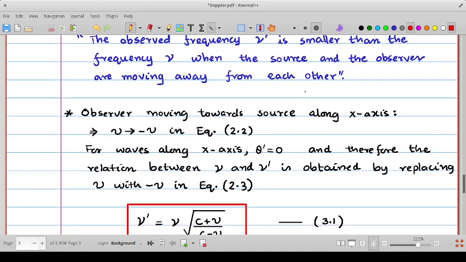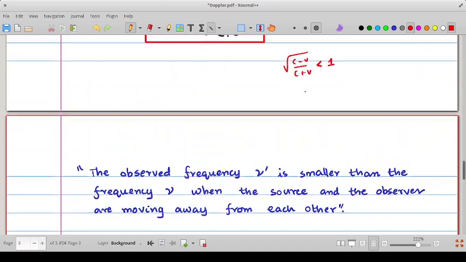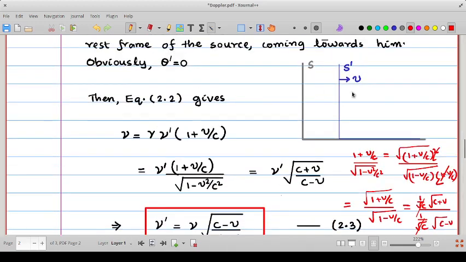Now we consider the example of the observer moving towards the source. This is similar to this situation, except the fact that S dash is actually now moving in this direction with velocity v. So the corresponding expression is obtained by changing v to minus v in this expression.